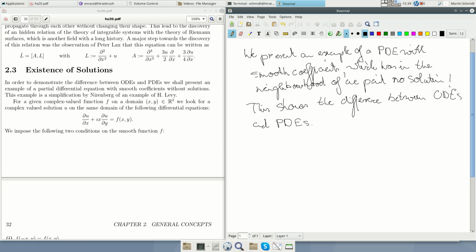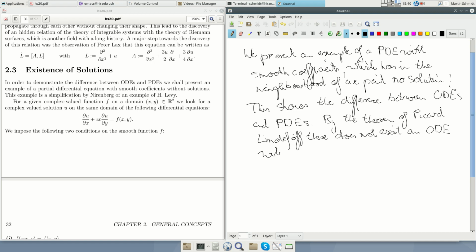Because by the theorem of Picard-Lindelöf, I think it's with double F, there does not exist an ODE with these properties: smooth coefficients but no solution.